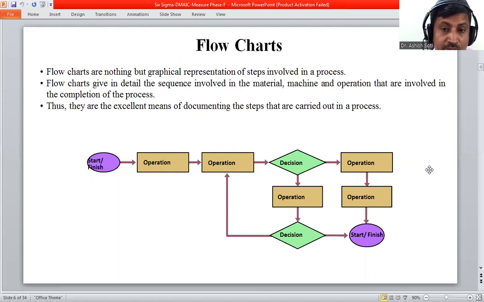There are some symbols we use, like an oval to start or finish, a rectangle for operation, right? For decision making, we have a different kind of symbol. This is just to lay down in a block how the work is happening, how the work is progressing. This is very important because it can help you.